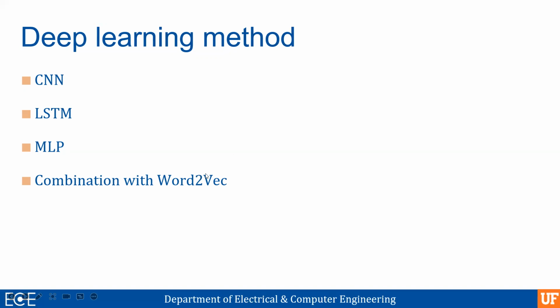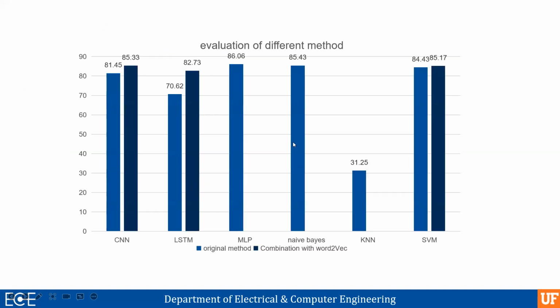The combination means we replace the embedding layer of the CNN and LSTM with the word2vec vectors. After the experiment, we get the final result like this. For the CNN, we got 81% with the original method, and 85% in combination with word2vec.